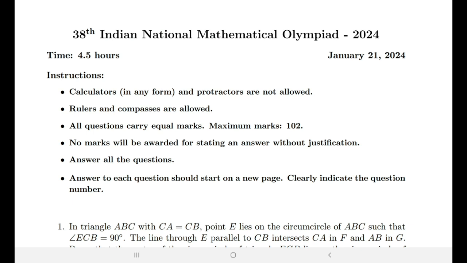And of course after that, students will go for the TST, the Team Selection Test, in order to qualify to represent India in the IMO.